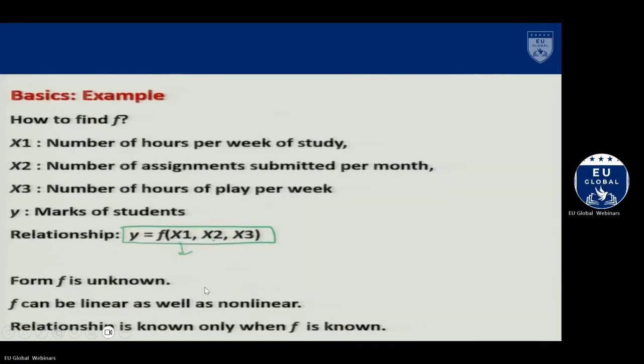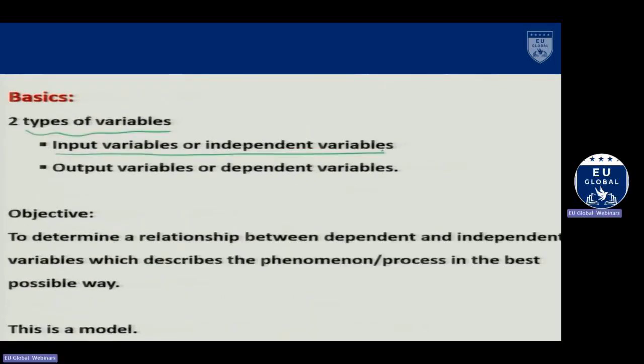So Y is equal to F of X1, X2, X3. The form of F is unknown. F is linear as well as non-linear. The relationship is known only when F is known. So here we have two types of variables: input or independent variables, and output or dependent variables. What is our objective?